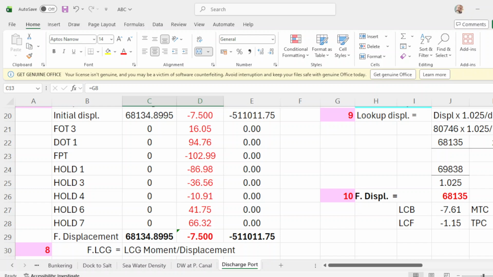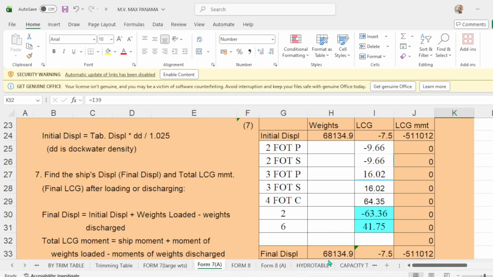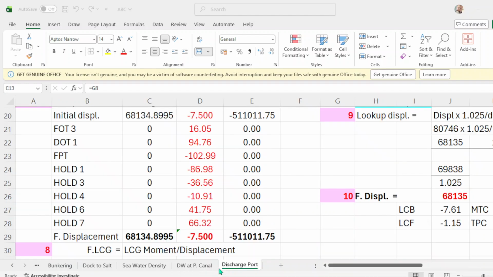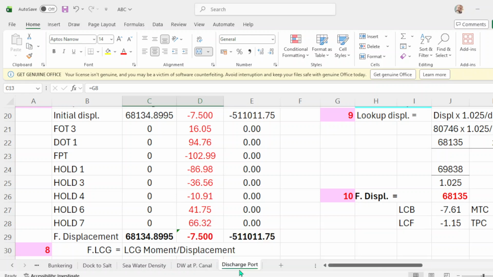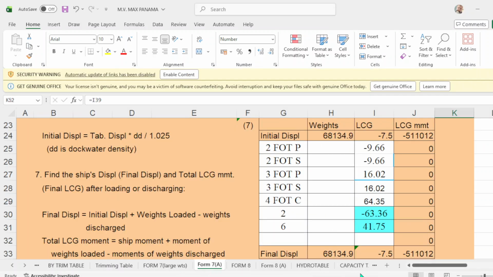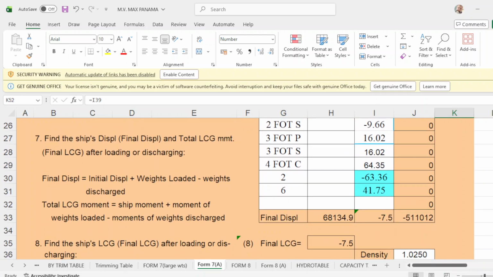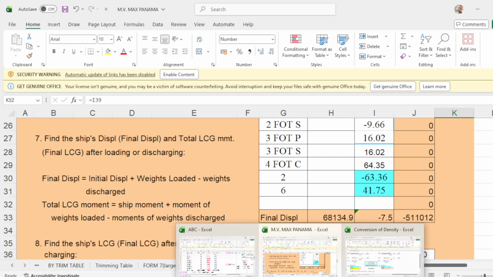You have here 68134.9, and by manual solution, you round this one, that will be 9, and your LCG moment is 511011, or 12 if rounded up, and your final LCG is negative 7.5.